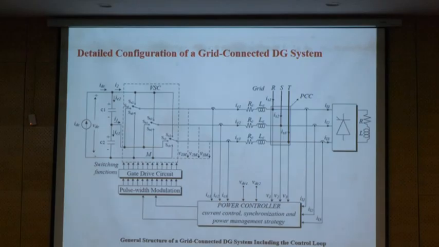Okay? So we also should consider the DC voltage here. Why? Because we are going to provide the energy from renewable energy sources. And renewable energy sources are variable by nature, okay? So if we have a turbulence in the DC side, it actually transfers these disturbances to the AC side.